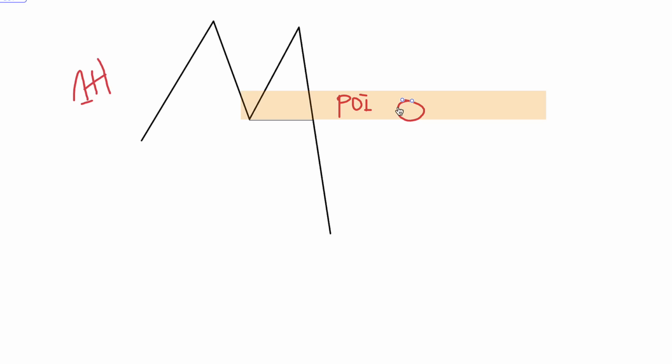Now, while I wait for price to retrace back up there, I would be patient for price to come. It may take hours, it may take a day, depending on the time frame you're looking at. So if I see price retracing into this area, I have to be patient and wait for it to go there.